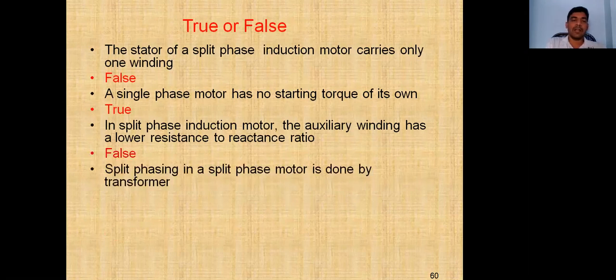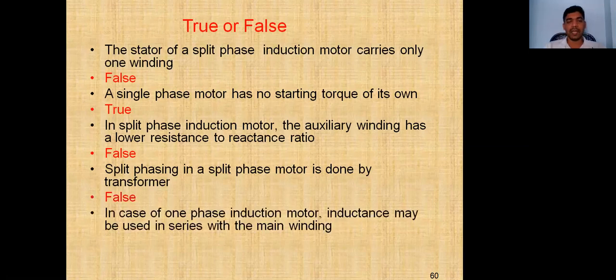Split-phase in a split-phase motor is done by transformers. False. In a single-phase induction motor, inductance may be used in series with the main winding. No, the auxiliary winding is used. True.